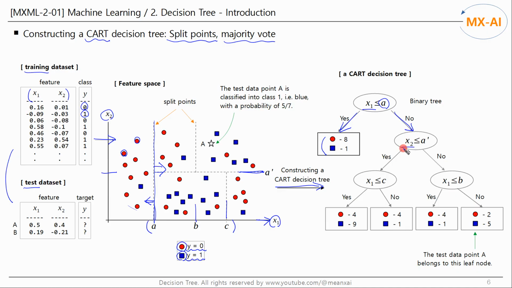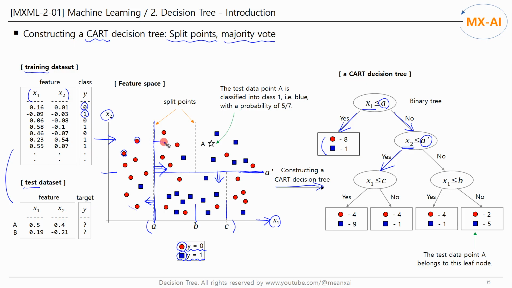Next, we split the feature x2 using the split point A'. Data points where the x1 feature is greater than A and the x2 feature is less than or equal to A' are assigned to the left node.